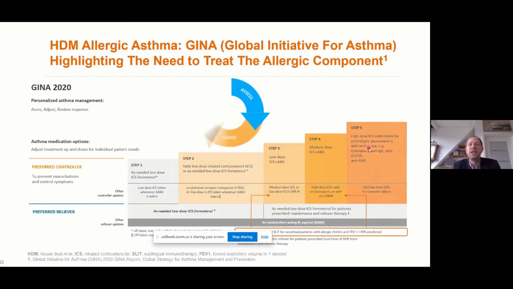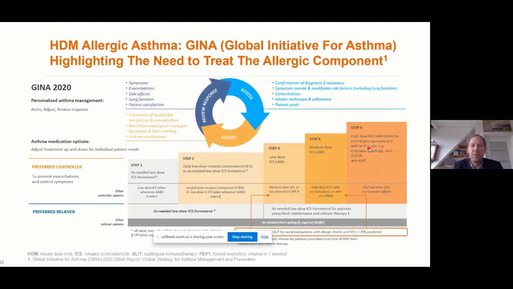And with this study, it was also possible to change the GINA guidelines. Maybe you remember before 2017, the GINA guidelines always recommended not to use immunotherapy because it has not a clearly proven effect.